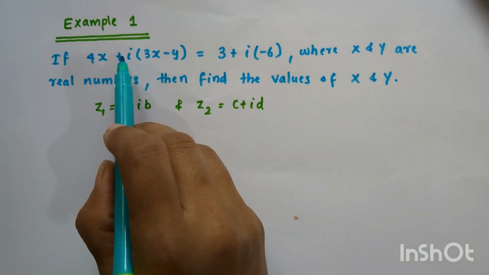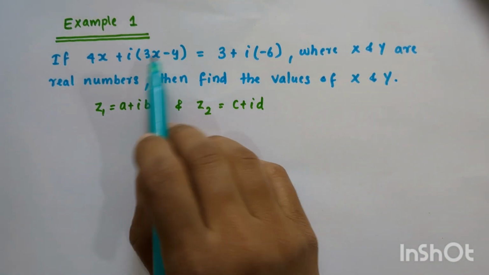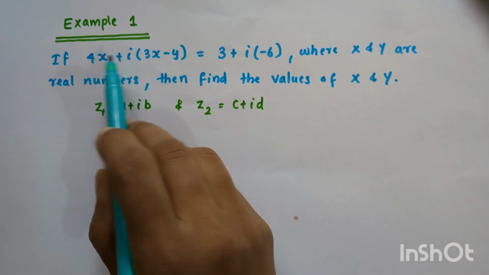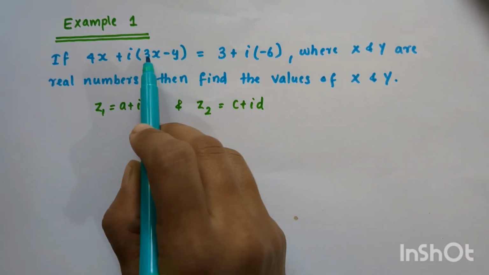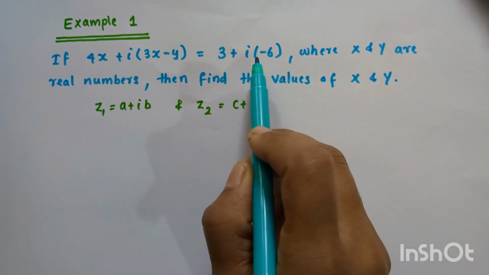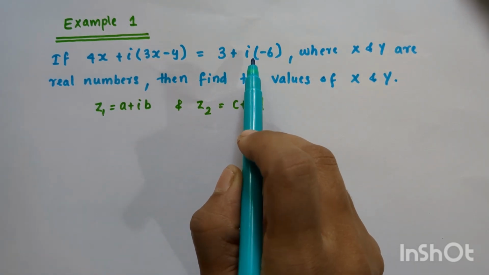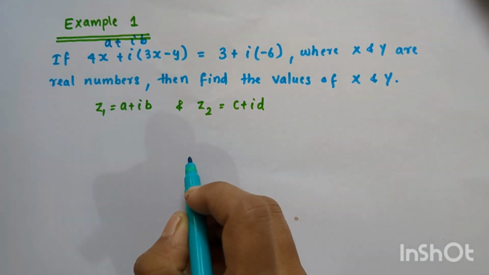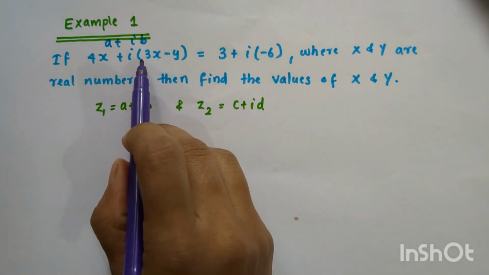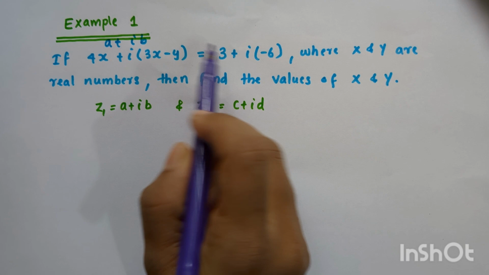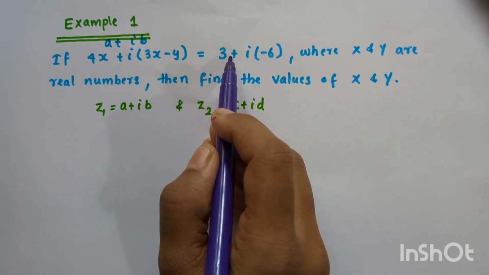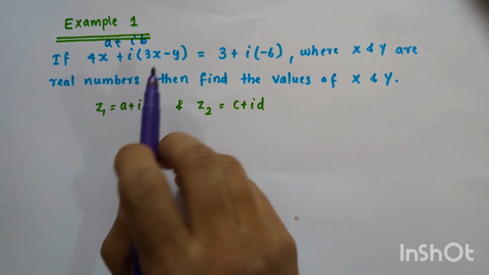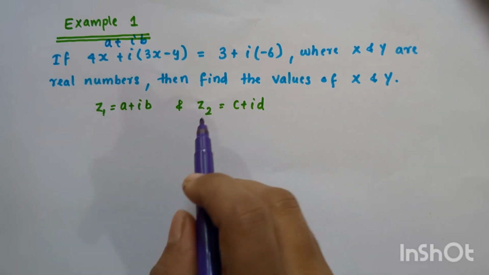Here, two complex numbers are given to be equal. 4x plus i(3x minus y) is a complex number. 3 plus i(minus 6) is also a complex number, because these two are of the form a plus ib. These two complex numbers are given as equal. It is said that x and y are real numbers and we want to find the values of x and y.